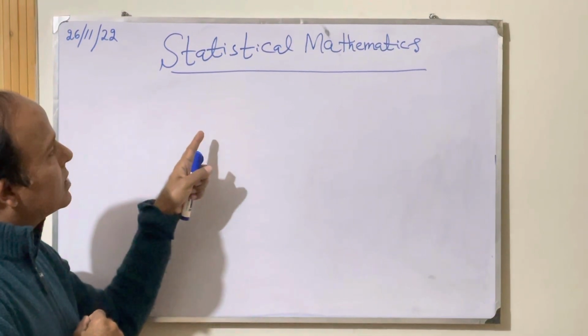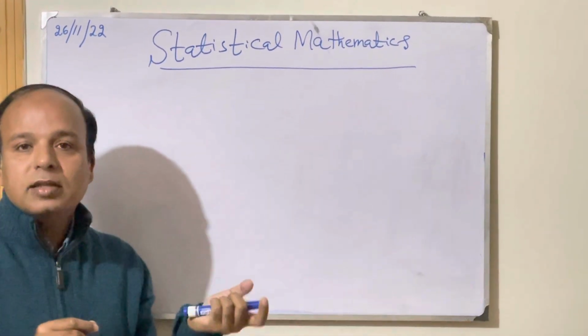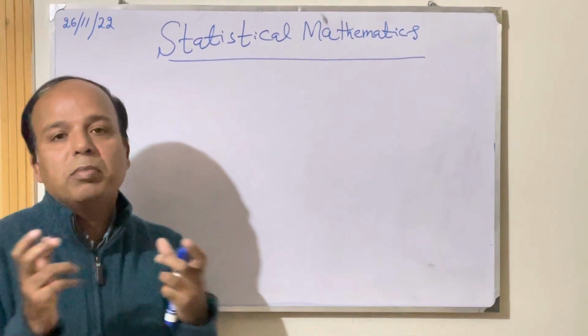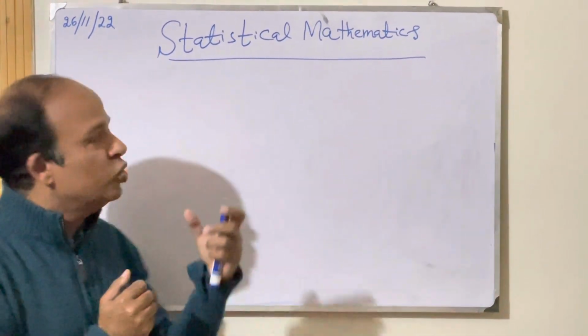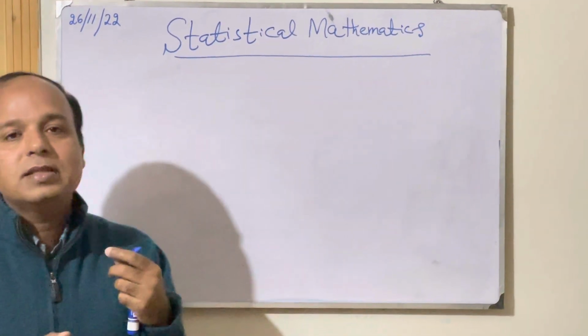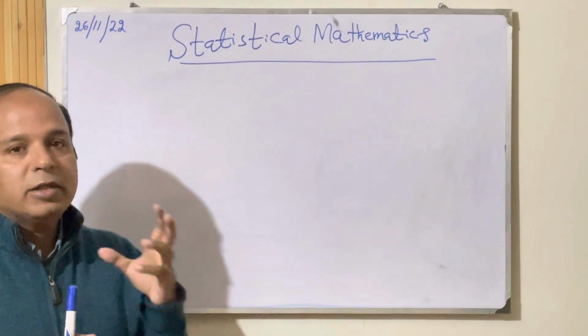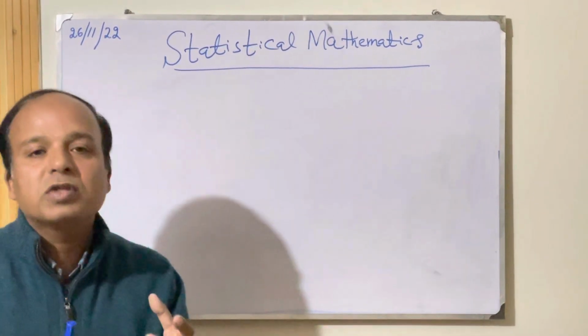So stats is a subject and mathematics is another subject. When we combine these two things, a new branch emerges and that is categorized as statistical mathematics. Now, as you know, mathematics happens to be the king of sciences.